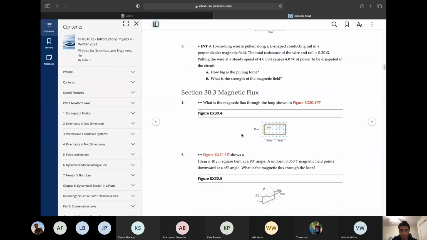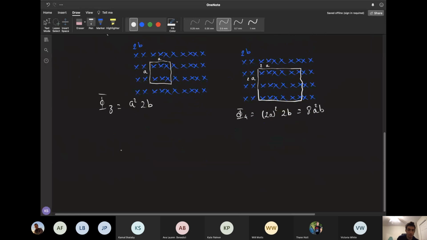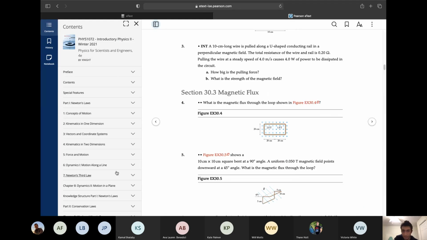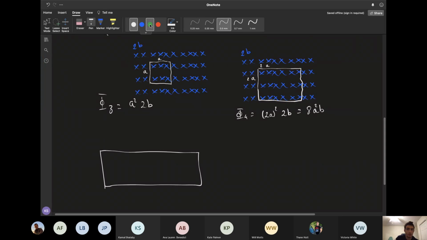See question 4. What is the magnetic flux in the loop shown here? So what we have is a square loop, and this is magnetic field in, and this is out.